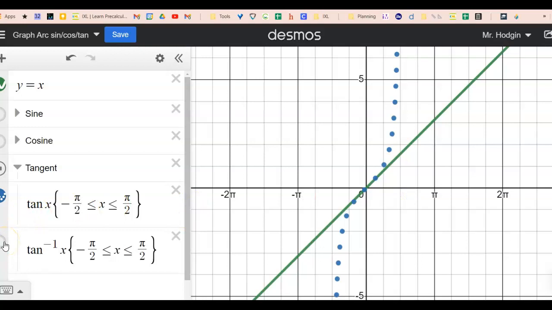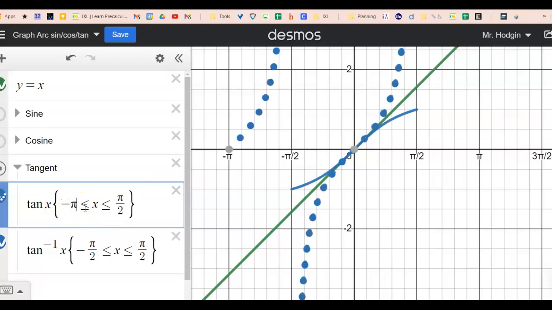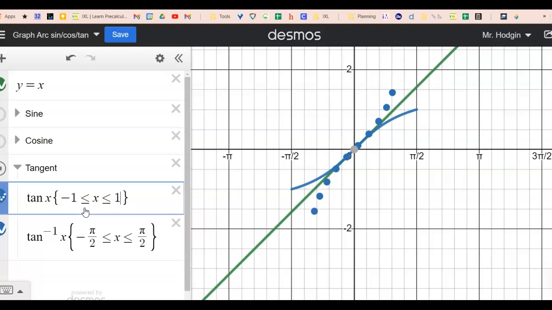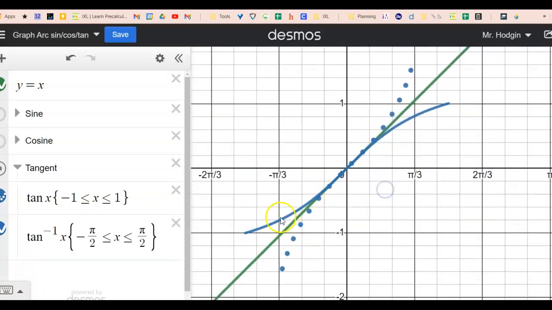And here's our one and positive 1. There we go. So with all these, we do get that geometrical line of reflection when you're doing this.